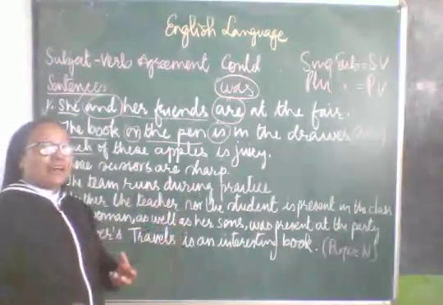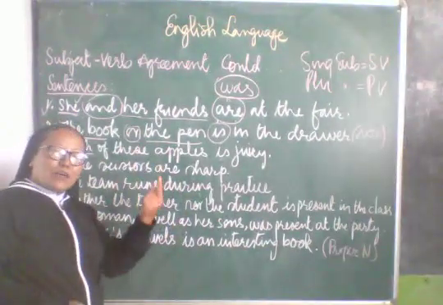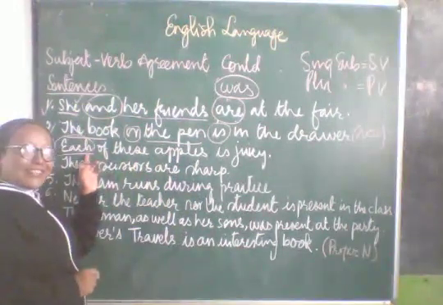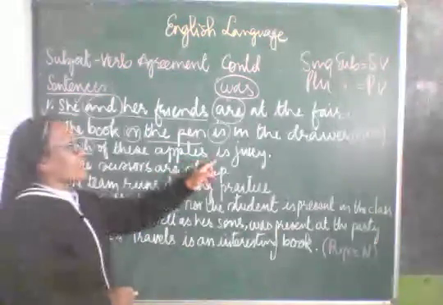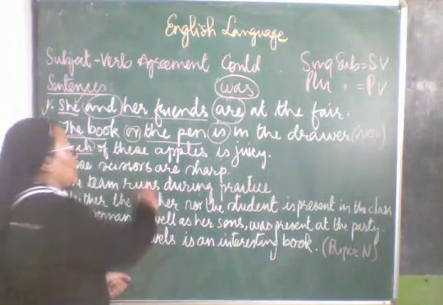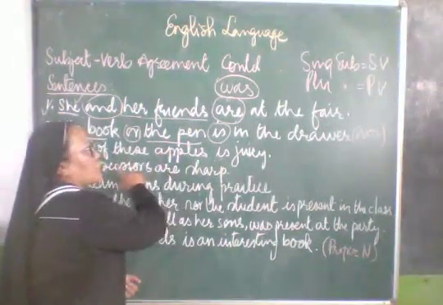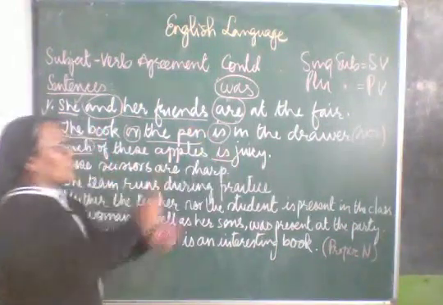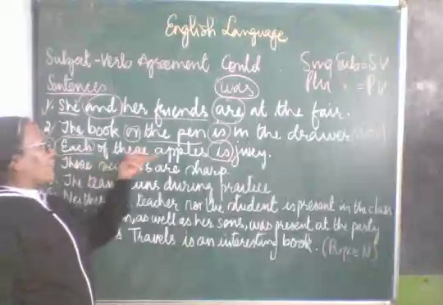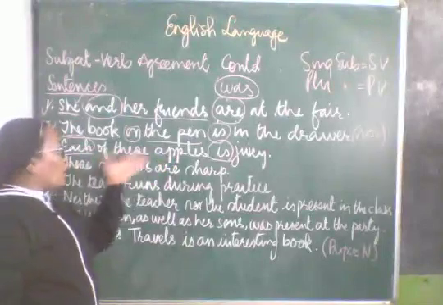Each of these apples. The word each is here, so is, pointing out at one. Each, every. Each of these apples is. So my verb is a singular verb.